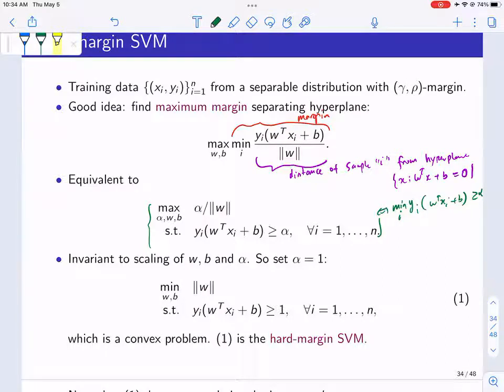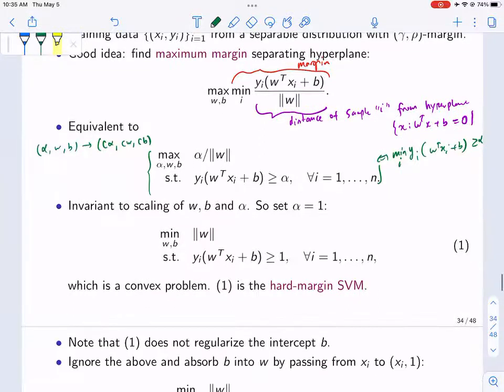So multiply W by a factor C, and B. So if I change alpha, W, B to C alpha, CW, CB, then the C cancels out from the objective, the C also cancels out from these constraints. So I can just fix one of them to be something that I want. By doing this, I can just fix alpha to be 1. It's the same problem. So then we reduce to this simpler form.